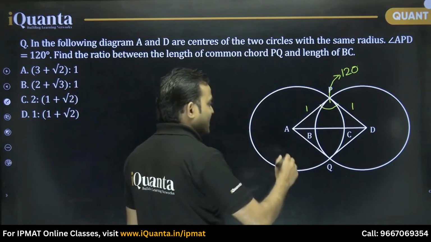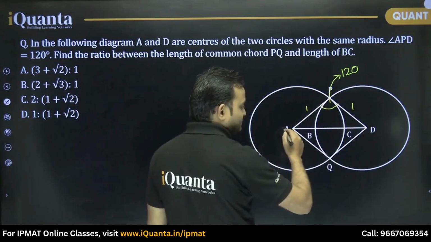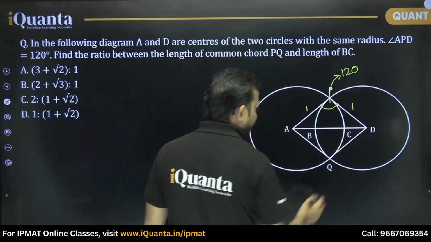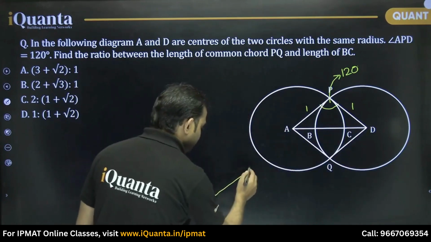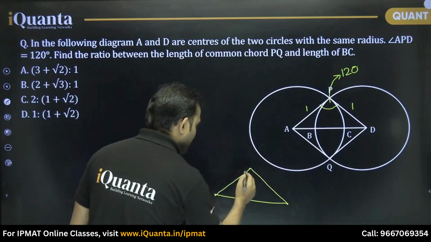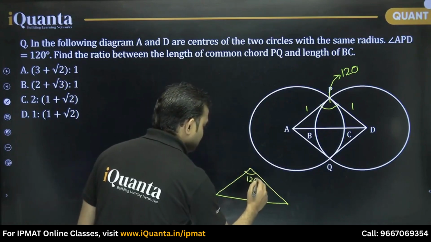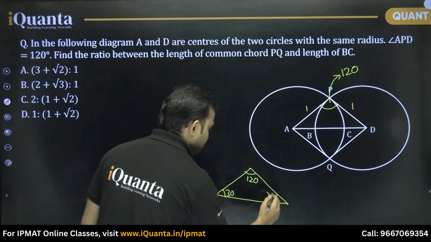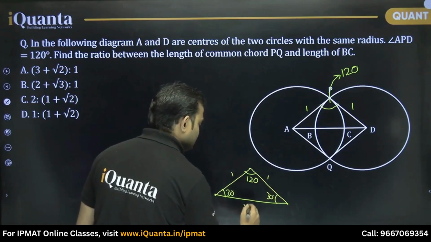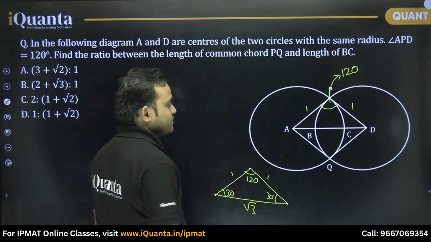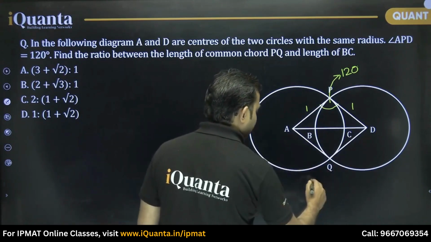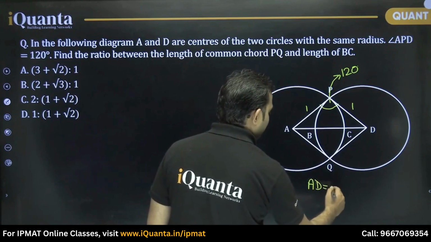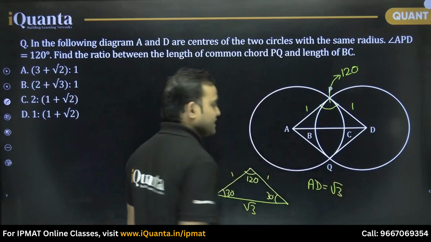Can we say in triangle APD, this whole AD will follow the 120, 30, 30 triangle rule. This is 30 and this is 30. If this is 1, this is 1, this is root 3, right? So we can say the length of AD will be equal to root 3.